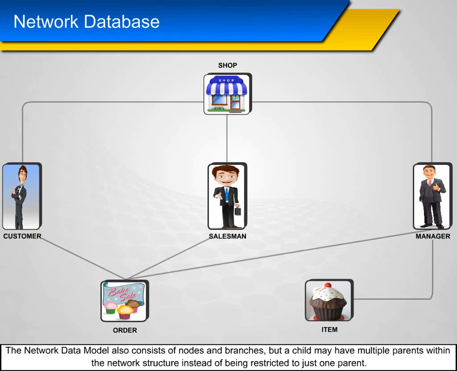The network data model also consists of nodes and branches, but a child may have multiple parents within the network structure instead of being restricted to just one parent.